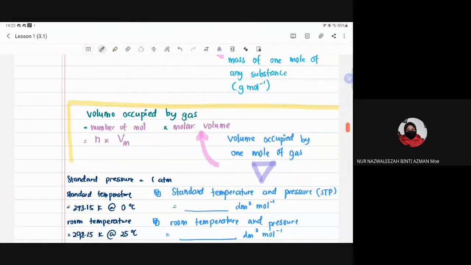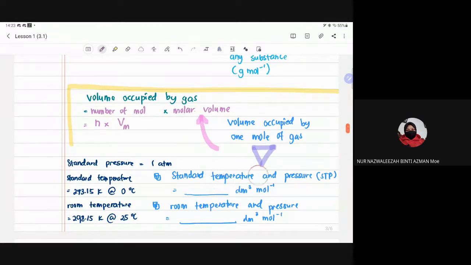So what molar volume is, it is a volume occupied by 1 mole of any gas. So apa-apa gas dia akan sentiasa mengisi ruang yang sama banyak pada sesuatu situasi. The first one we have standard temperature and pressure, which is STP. Suhu dan tekanan piawai. So dia punya molar volume of gas at STP is 22.4 decimeter cube per mole.